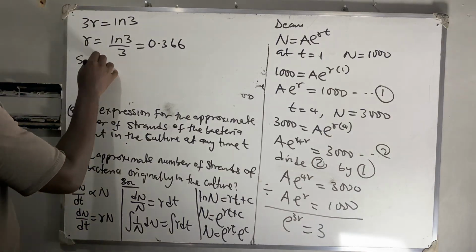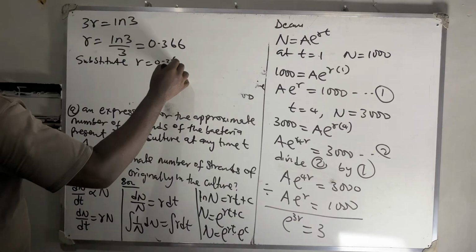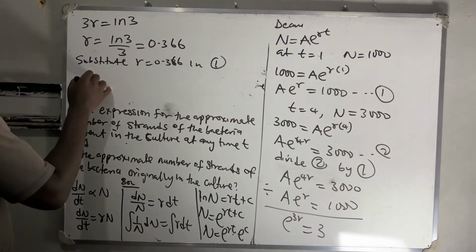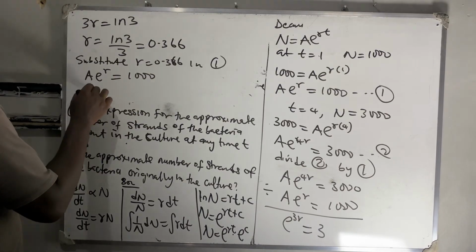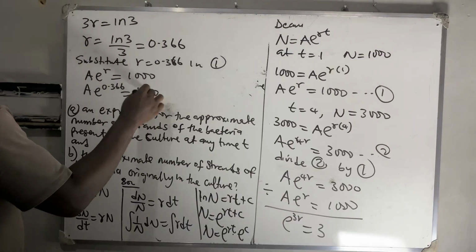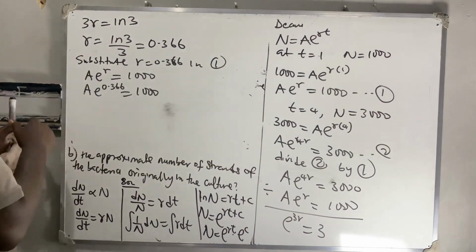We substitute r equals 0.366 in equation 1. Equation 1 says A e^r is equal to 1,000. So A e^0.366 is equal to 1,000. To get my A, remember they say we should get the expression.